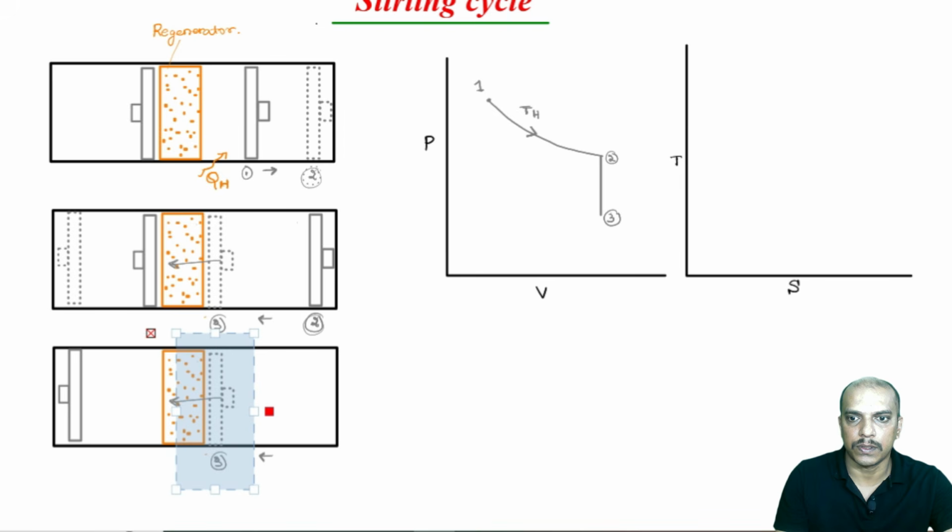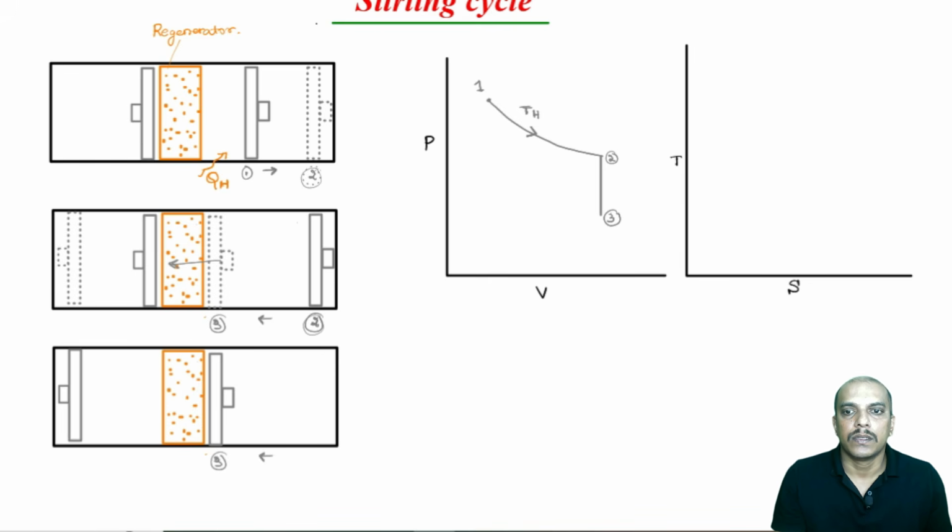This is the actual position of the piston. Okay. So, now this is compression 3 to 4. Now, I can call this as well as 3. I mean during 3 this is true. I mean both pistons have shifted towards left.